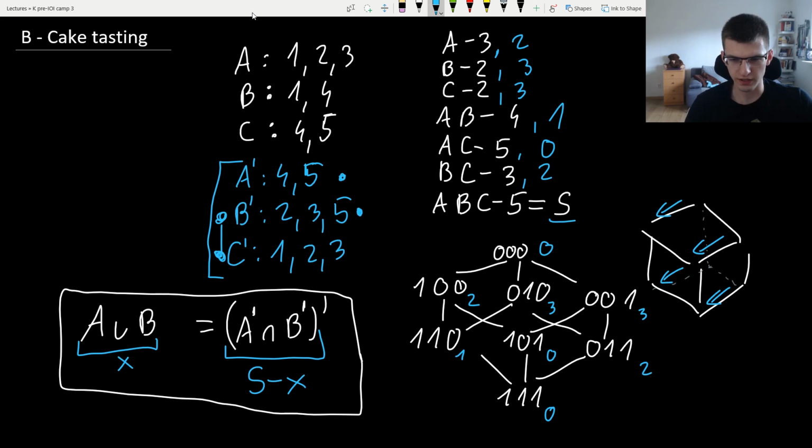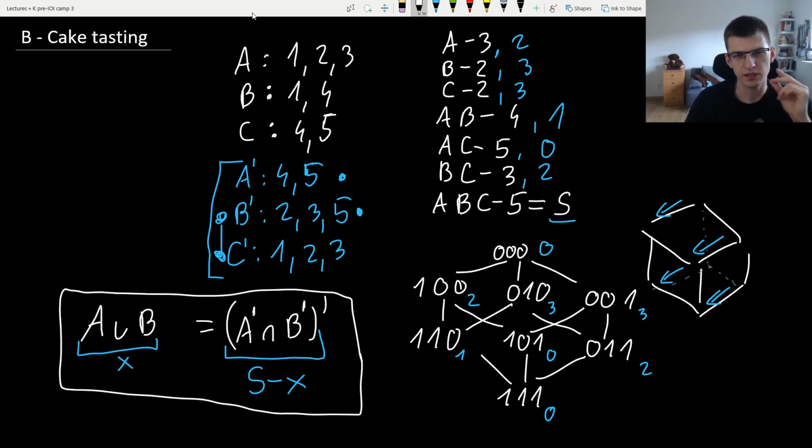Because the goal is for every subset, let's say for subset 1, 1, 0, so representing shops A and B, we want to know how many products there are that appear exactly in those shops and in nowhere else. Let's put all of that with green. So we know the answers that we should get.